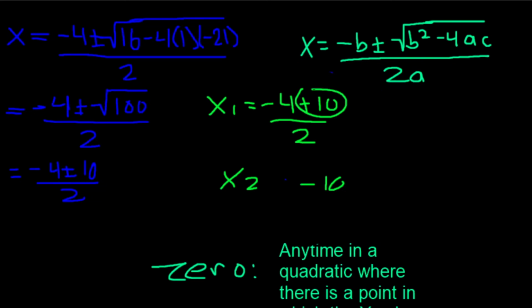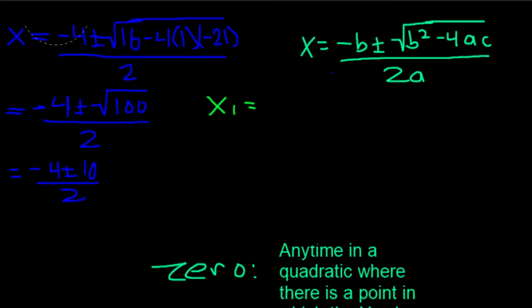Instead of doing plus 10, you do minus 10 for the other scenario to see both zeros. Negative 4 plus 10 is 6, and 6 over 2 is 3. So x1 is equal to 3.